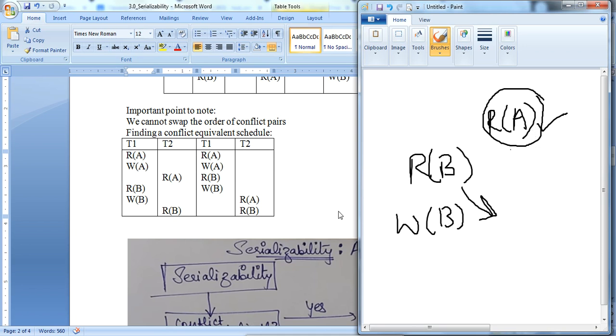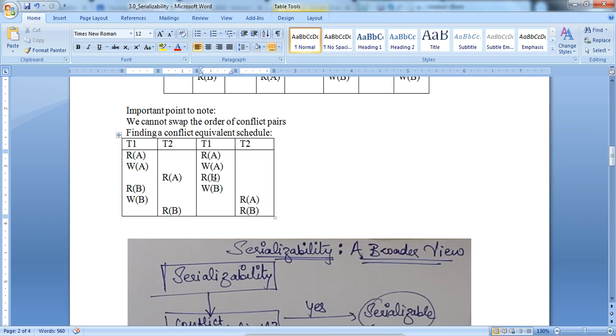No, because both operations work on B, and this one works on A. That's why we can say this is a sequence of T1, and then we can give access to T2. This S and this S dash give the same output. No reflection. That's why we can say it's a conflict equivalent schedule of this S.